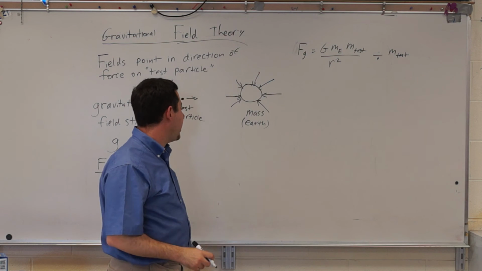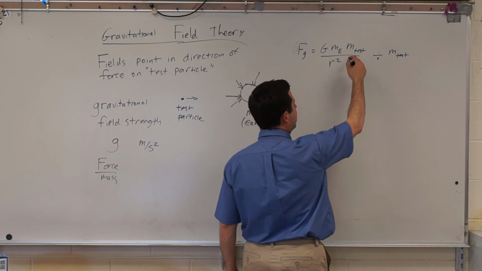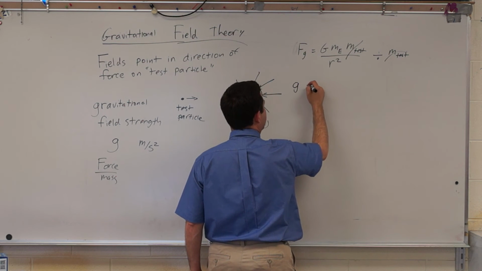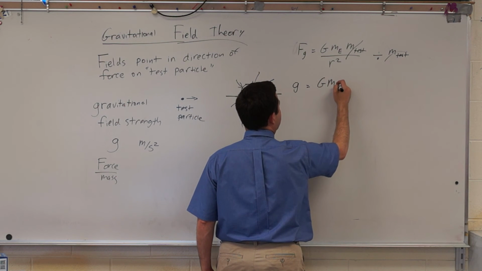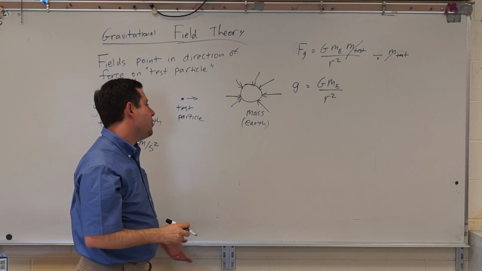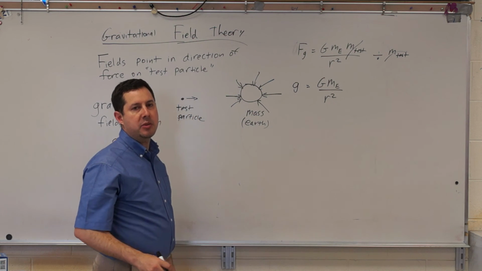Gravitational field strength depends on the planet, for example, but not the test particle. So then these two things go away, and gravitational field strength should be G, mass of the Earth, divided by r squared. And if you put numbers in for mass of the Earth and radius of the Earth, you should get 9.8 meters per second squared.